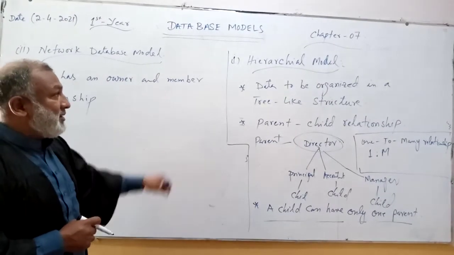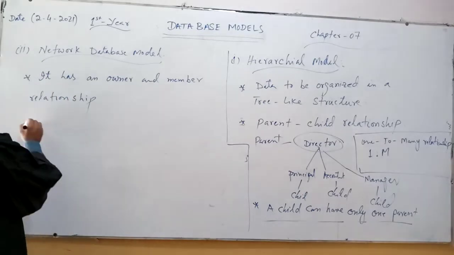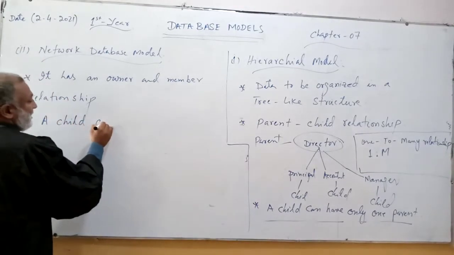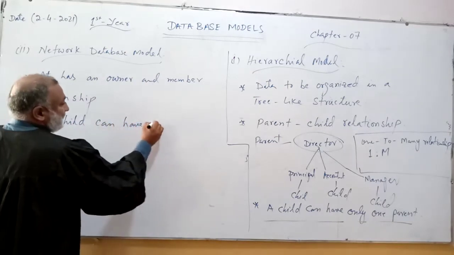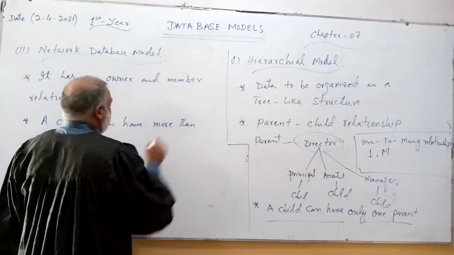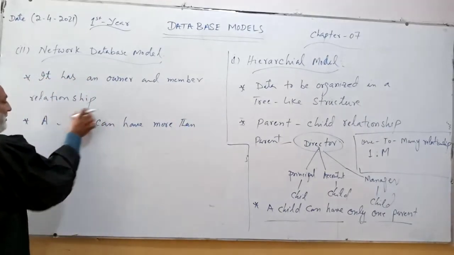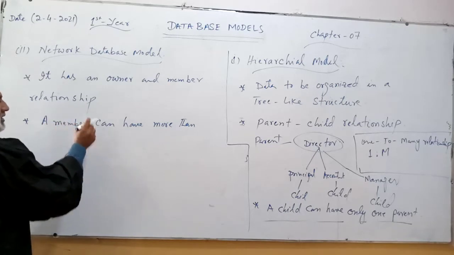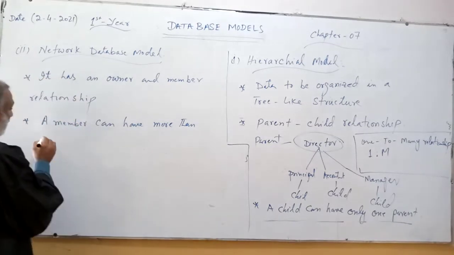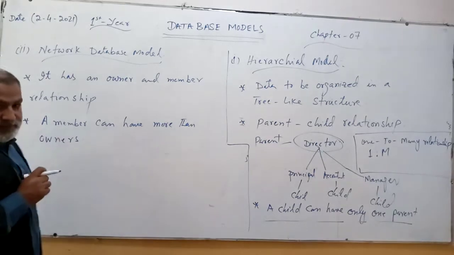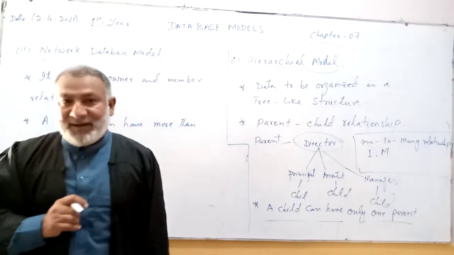But here, since it has an owner and member, the main difference between these two models is that a member can have more than one owner. Let me write an example, it will get clear to you.